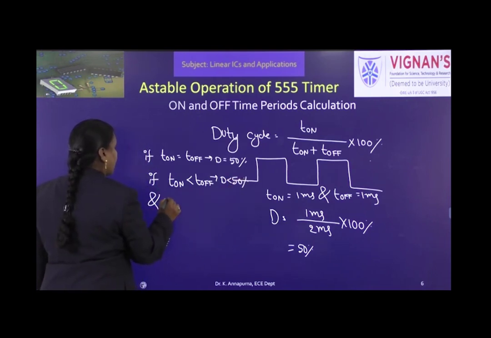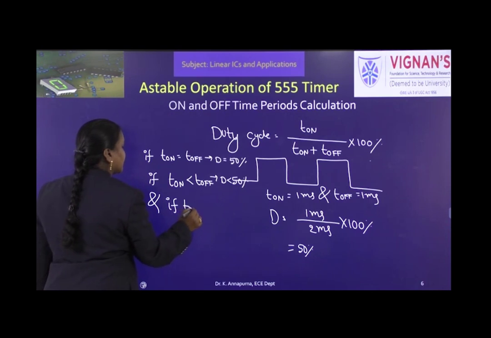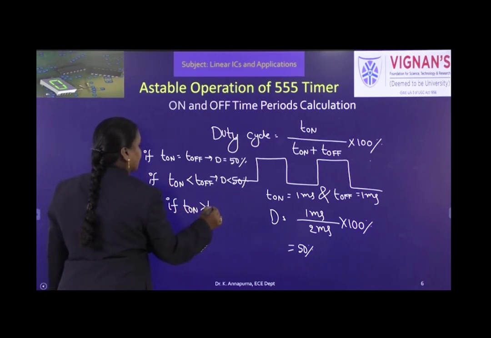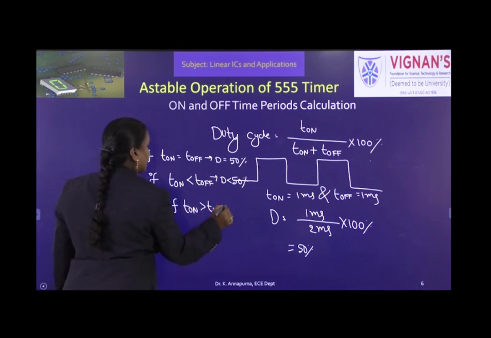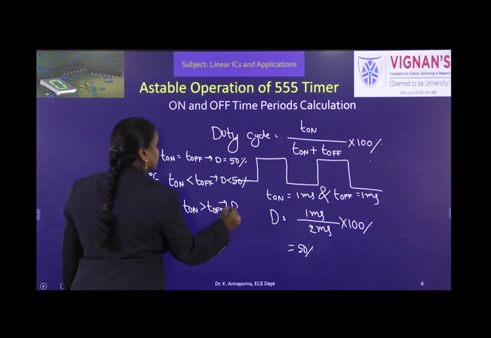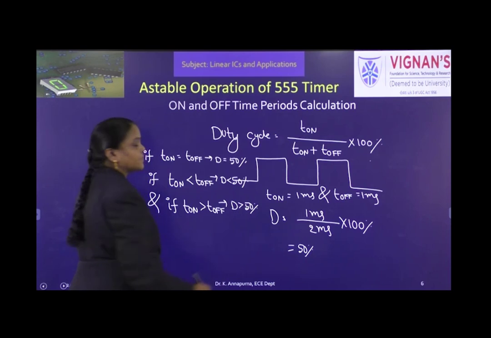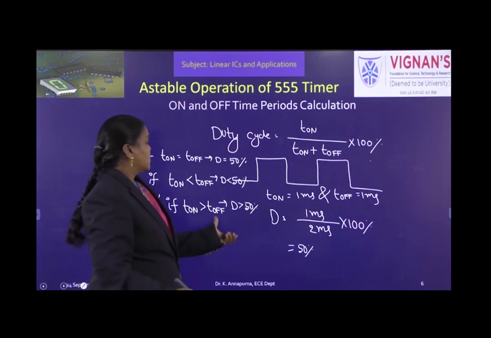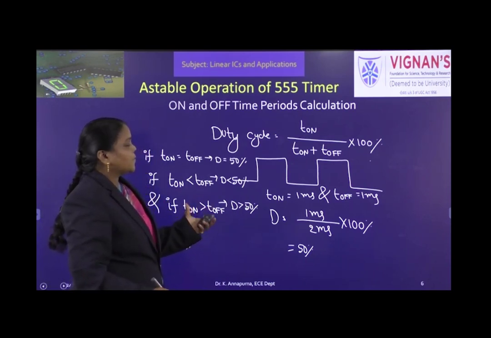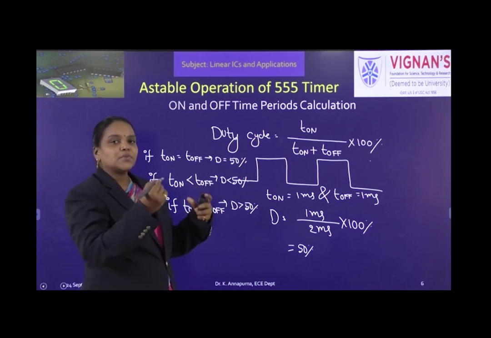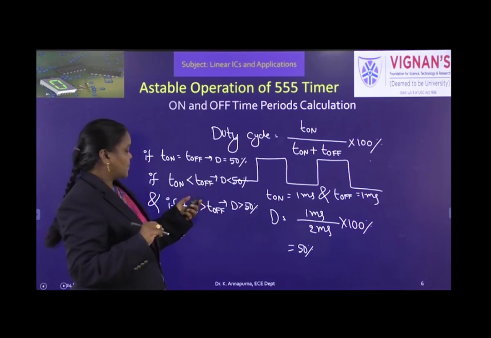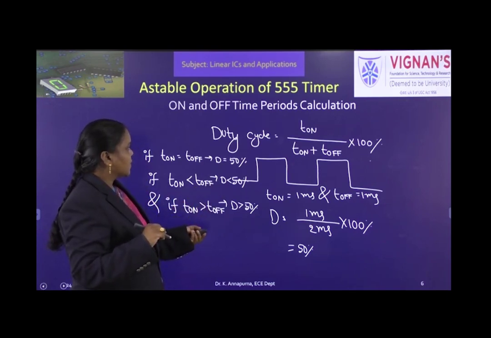And if T on is greater than T off, then duty cycle is greater than 50%. So duty cycle is directly proportional to the on period. If on period is more, duty cycle is more. Okay.